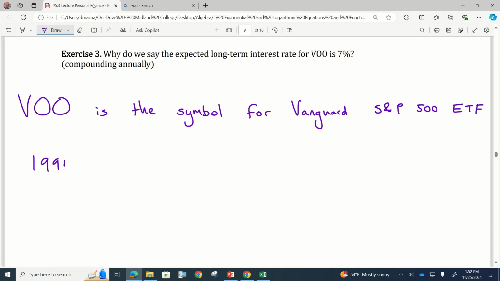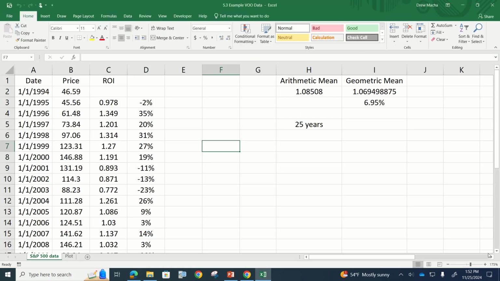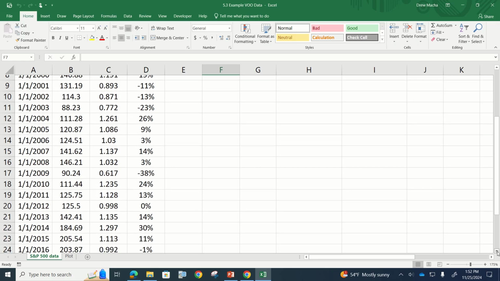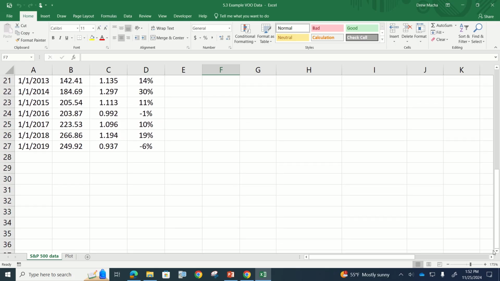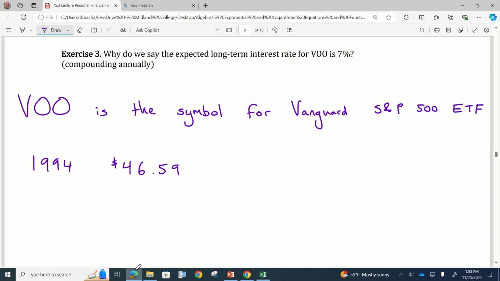So in 1994, January 1st, $46.59. The other number I want to point out to you is, if we fast forward in time, January 1st of 2019 was $249.92.